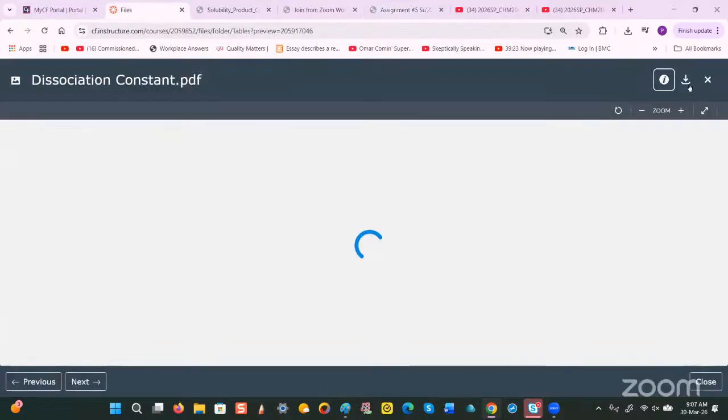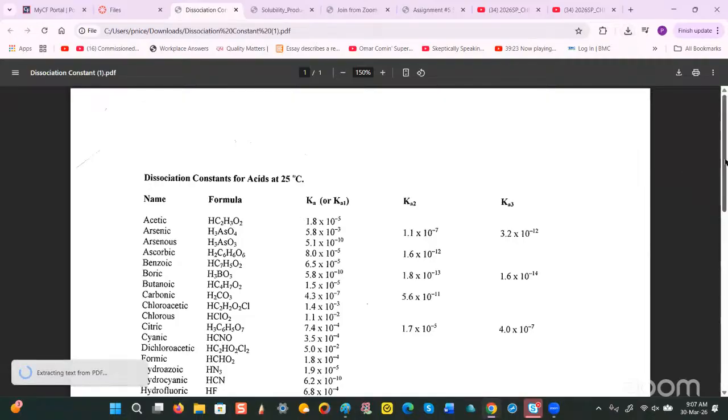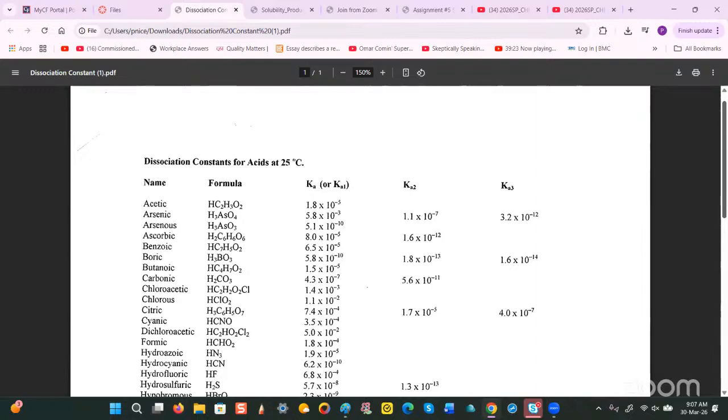Dissociation constants. So this table you should be given, right? I've left instructions for that table to be given in addition to the periodic table and the other tables that you're familiar with, all right?